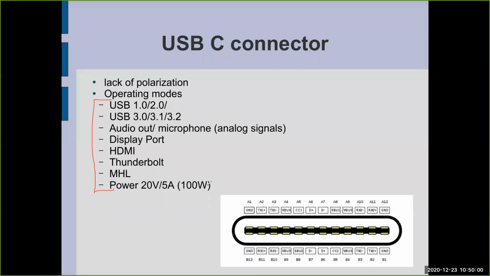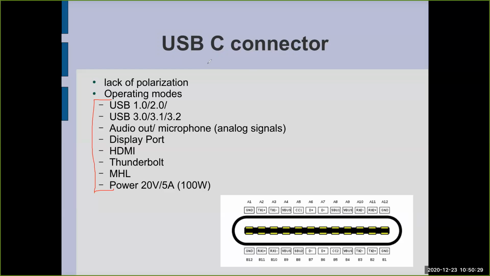But now I'd like to tell you about the most important features, and I think USB-C is somehow a breakthrough technology. Of course, if every notebook, laptop or computer has this connector, it may be.